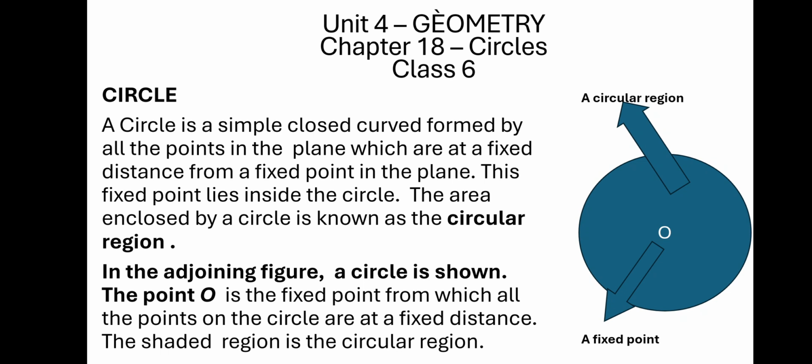In the adjoining figure, a circle is shown. The point O is the fixed point from which all the points on the circle are at a fixed distance. The shaded region is the circular region. You can see in the diagram what is given.